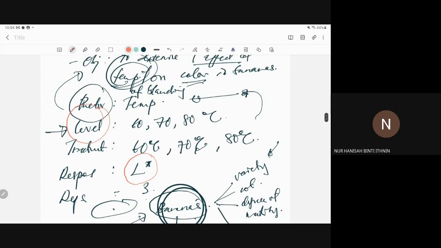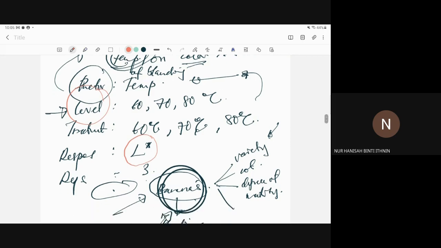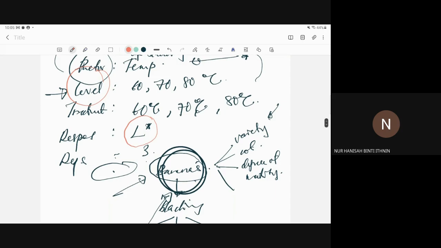So this is a one factor experiment. How many experiments do we need to do?